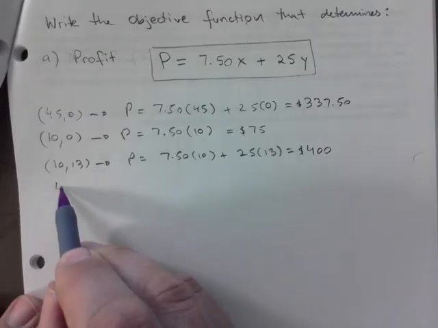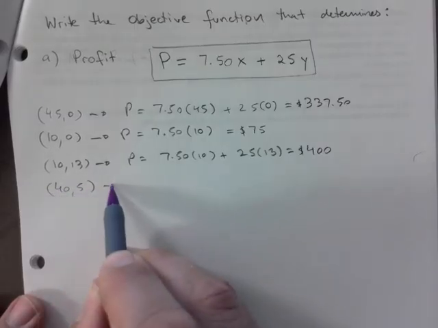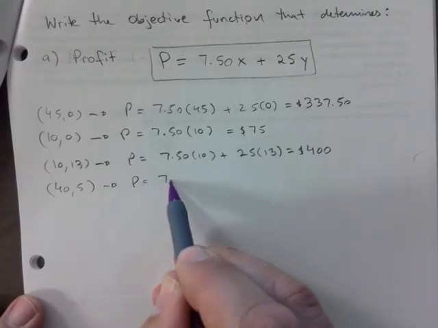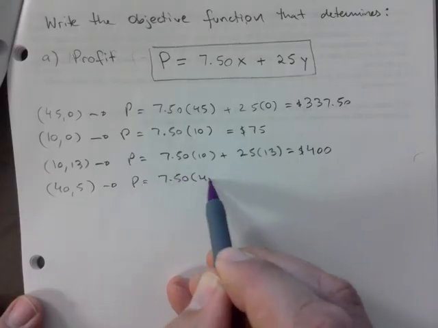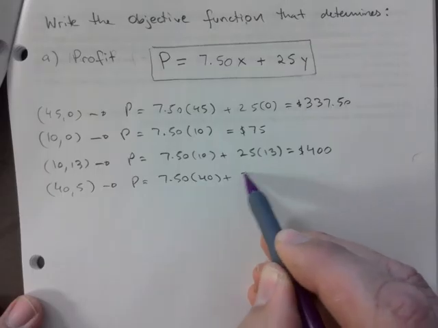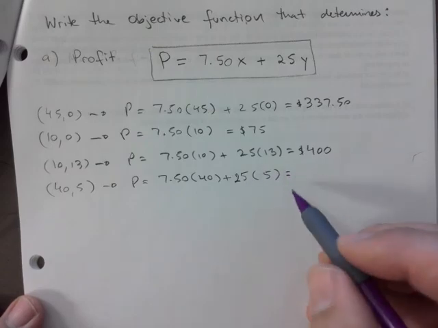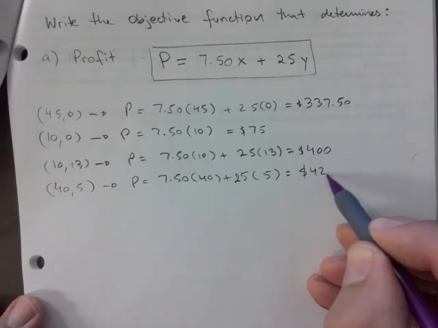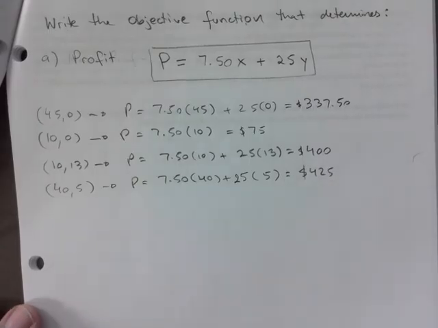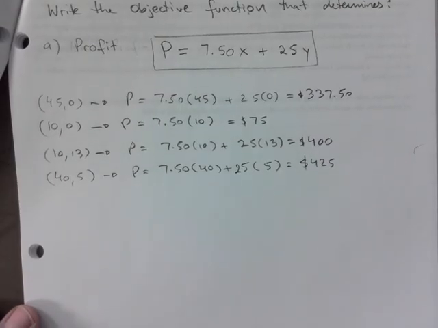And the last one is this one, 7.50 times 40 plus 25 times 5. That gives us 425. This is the max.